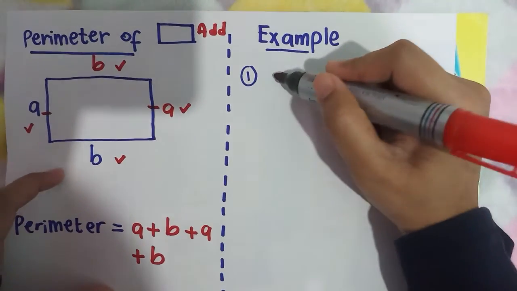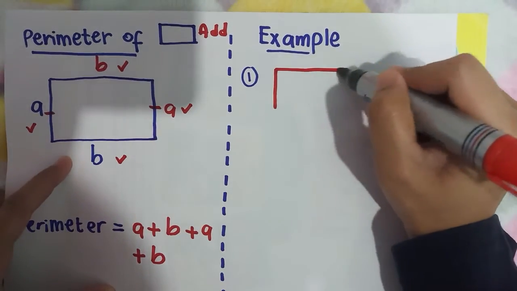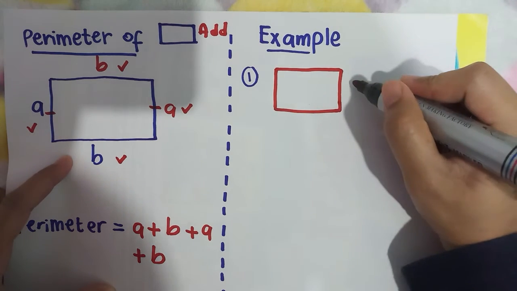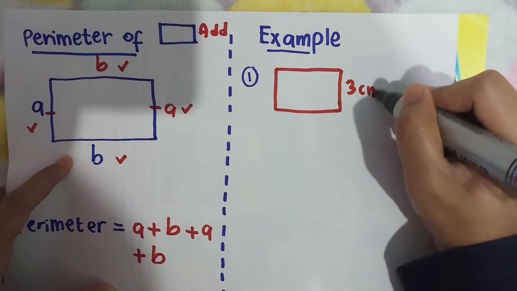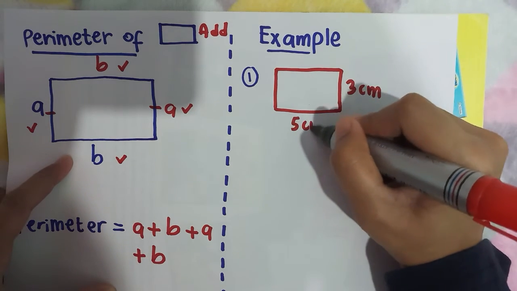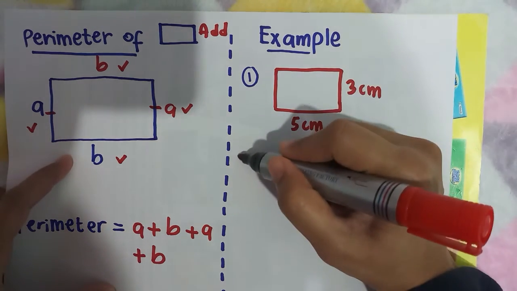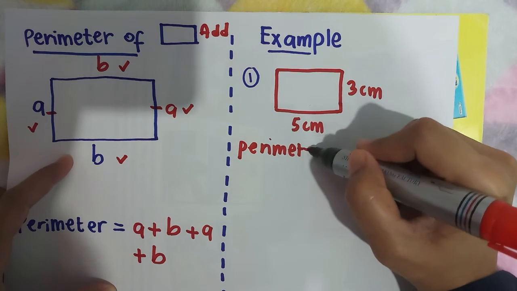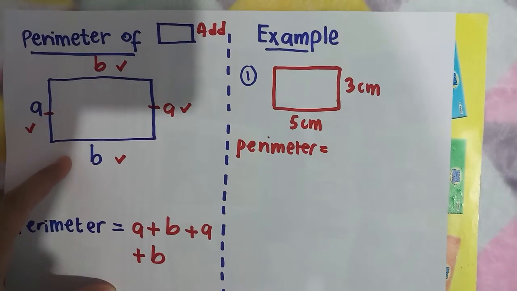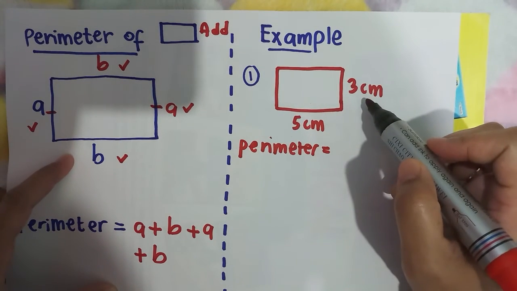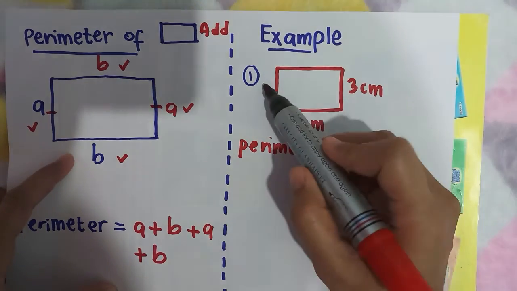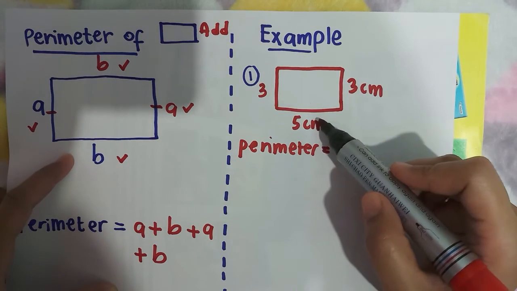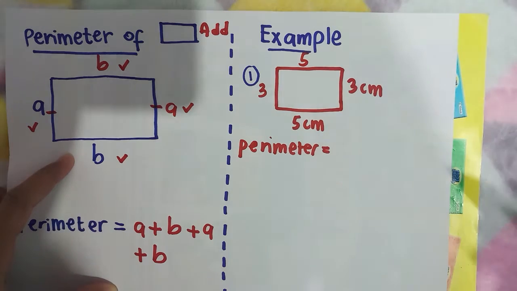Now let's look at one example. Let's say I have the same rectangle as the previous example, with 3 cm over here and 5 cm over here. If the question asks for the perimeter, remember we just add all sides. If that is 3 cm, that side must be 3 cm as well. If that is 5 cm, that one must be 5 cm as well.